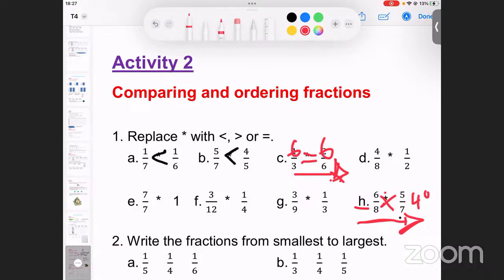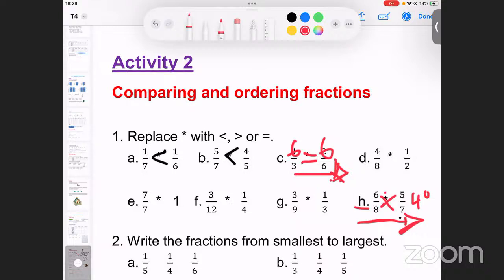And since 42 is greater than 40, you would get an answer of 6/8 is greater than 5/7. Perfect. And I actually tried to prove it with my calculator and it's correct.